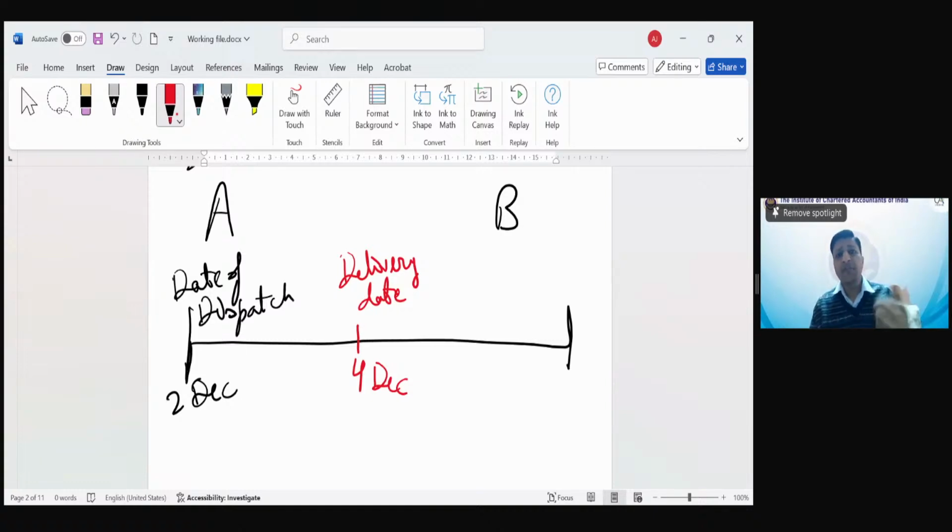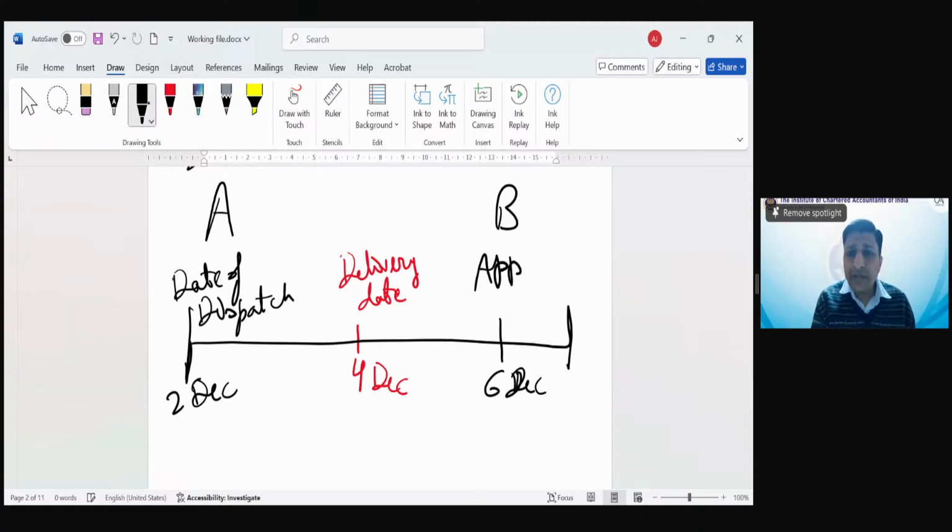So that's the date when the buyer has received. And let's suppose after that, on 5th of December, buyer has done some sort of internal inspections, etc. And he seems to be okay. So there's an approval internally on the goods.